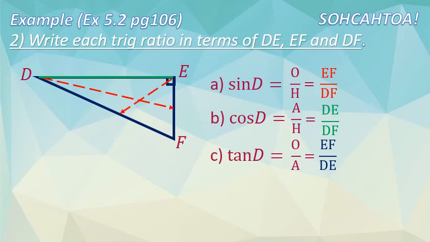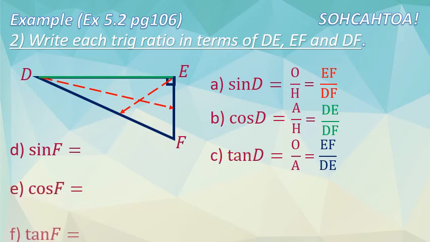But wait a minute. What if you were asked to answer this exact same question, but with F as your angle of reference? Well, let's have a look. We've got to ignore the fact that we've defined opposite and adjacent in question A, B, and C. We need a new opposite and adjacent value.